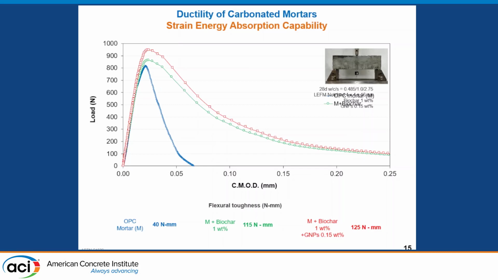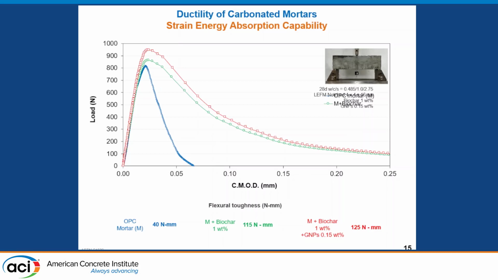But with graphene, what is very, very encouraging is that, after evaluating the material's strain energy absorption capability, we found that the flexural toughness of the material, calculated from the load-CMOD curve in fracture mechanics experiments, increased by approximately 200%.